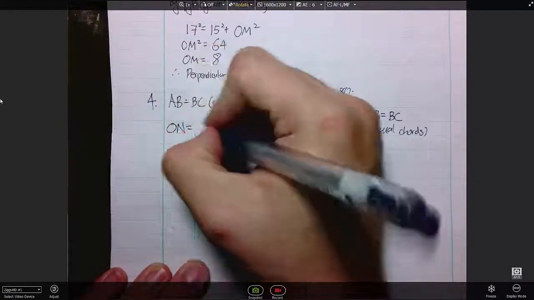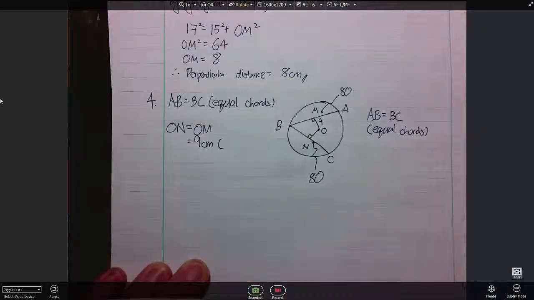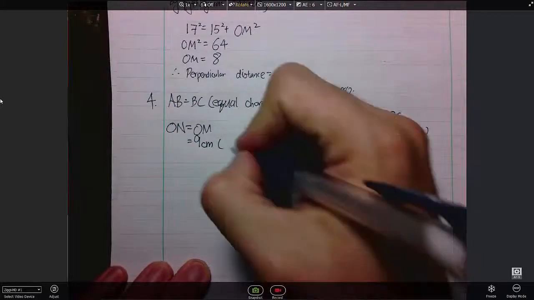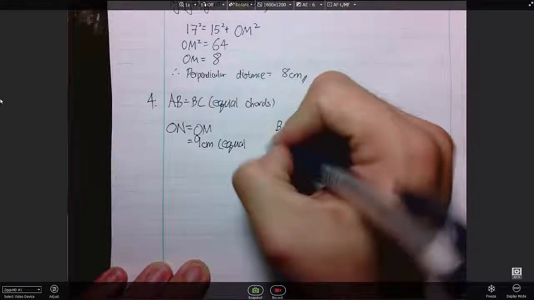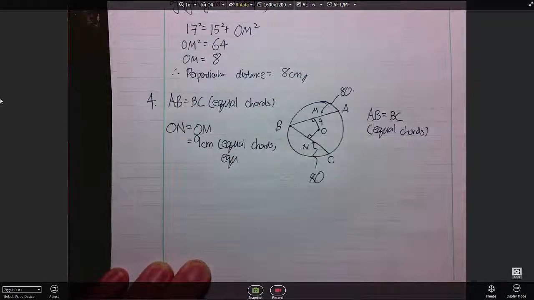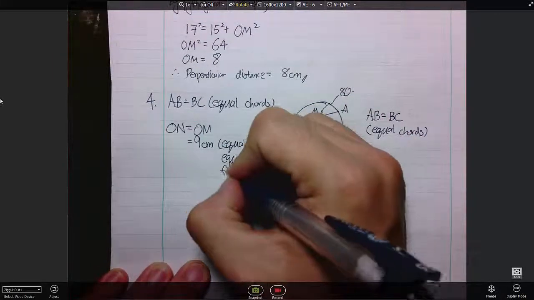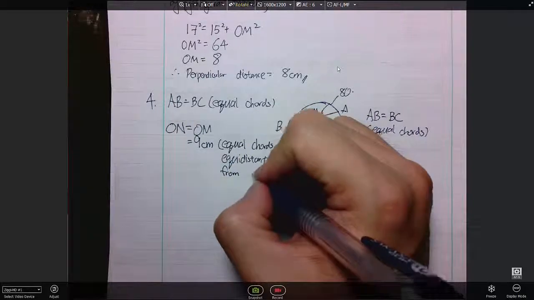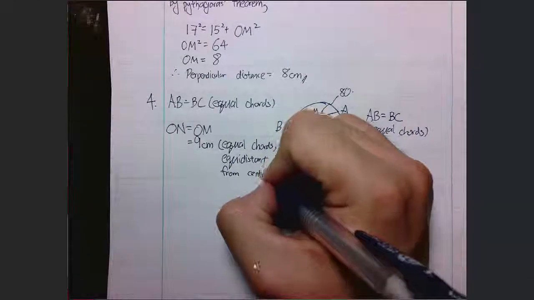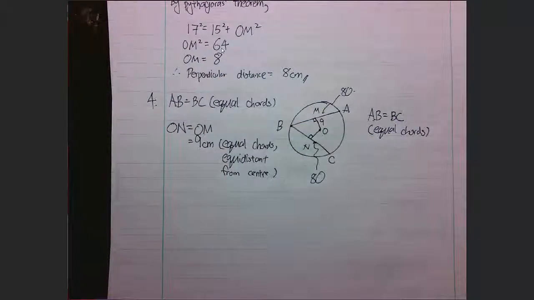So in this case, you can just say that ON is equal to OM is equal to 9 cm. And the reason here is because equal chords are equidistant from the center. Like this. So we have already done the first part, which is 4a.